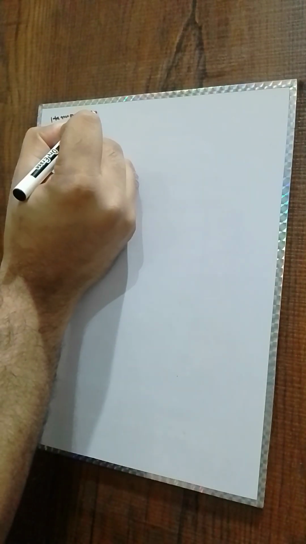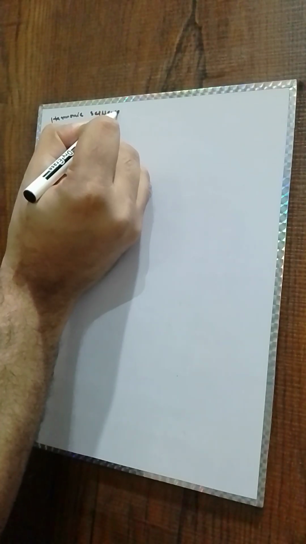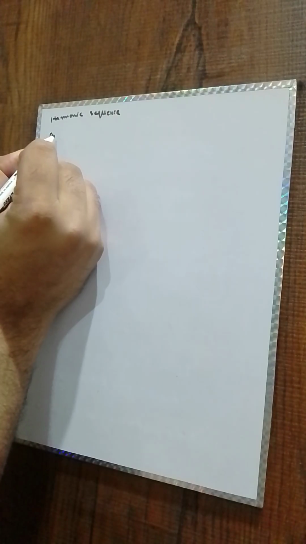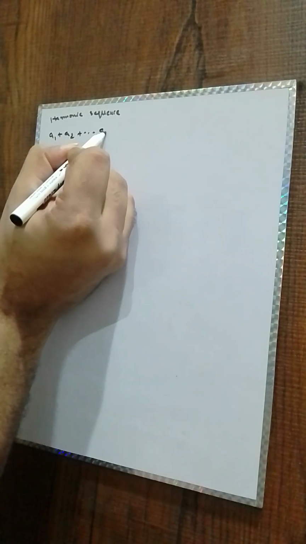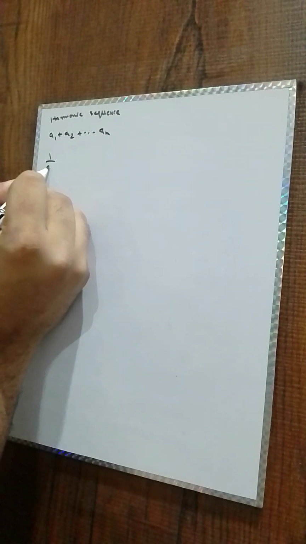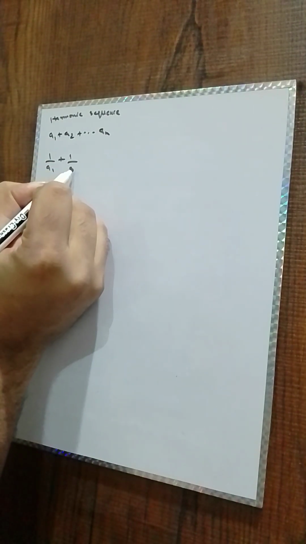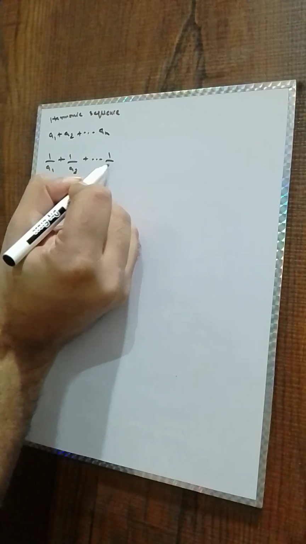One more thing that needs to be pointed out is the harmonic sequence. This is the reciprocal of the arithmetic sequence. Let's say we have a sequence which is arithmetic, a1 plus a2 plus up to an. The harmonic sequence is 1 by a1 plus 1 by a2 plus up to 1 by an.